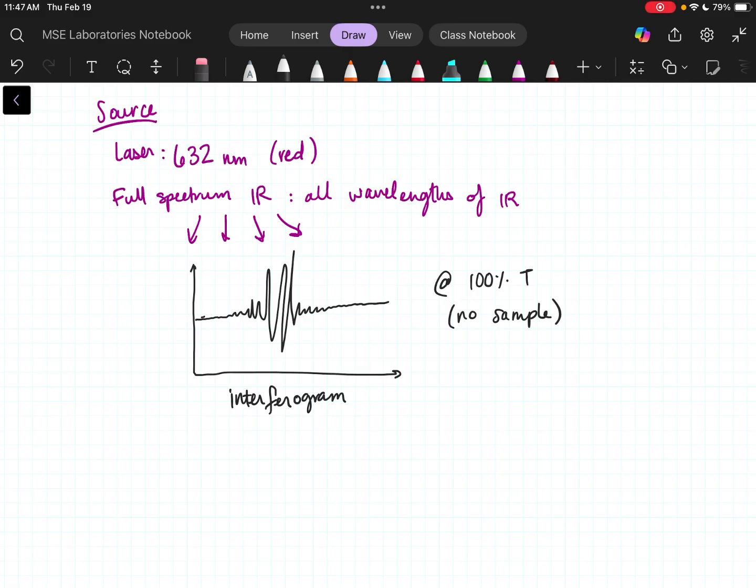Which is basically what the detector is seeing. This is all the wavelengths all together. Sorry, I've labeled it as if the x-axis is interferogram. The title of this graph is interferogram. This whole thing we call the interferogram of the FTIR.